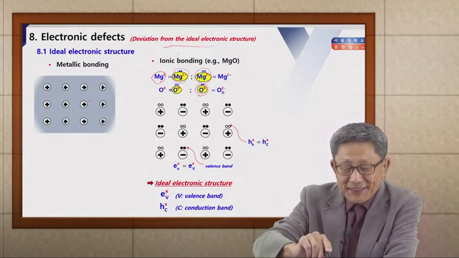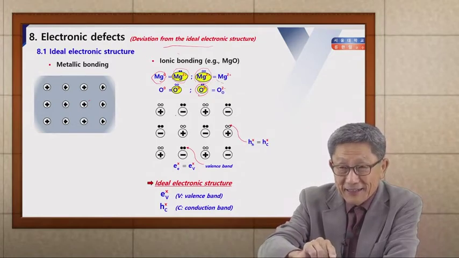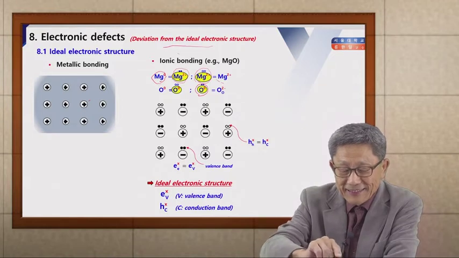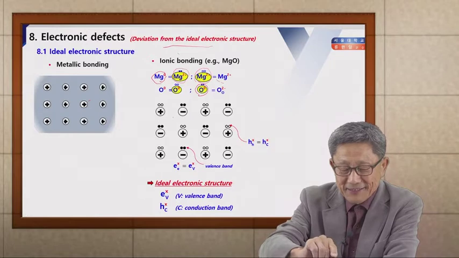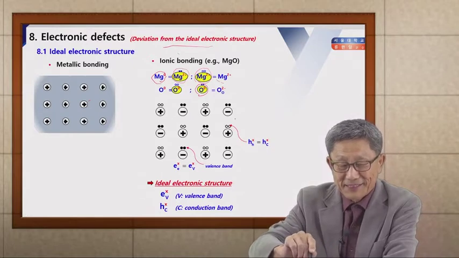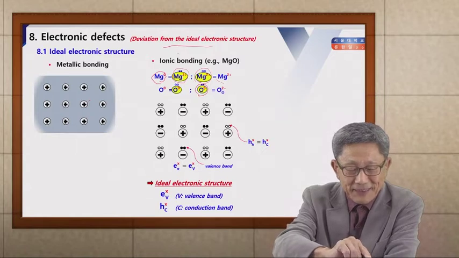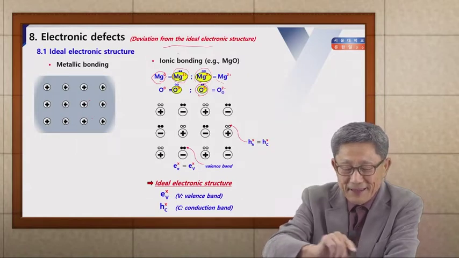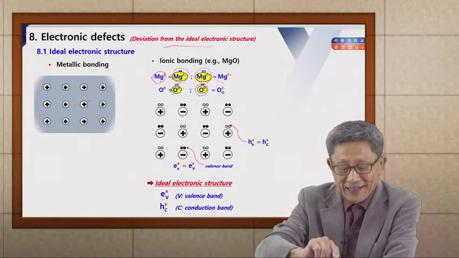In an ionic bonding crystal, this kind of ions, cations and anions, are aligned in an alternating way very regularly. So plus ion, minus ion, plus ion, minus ion in this way. So in comparison to the metallic bonding crystals, you can see that electrons are highly localized.